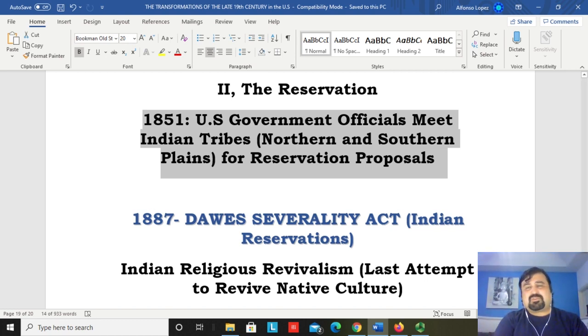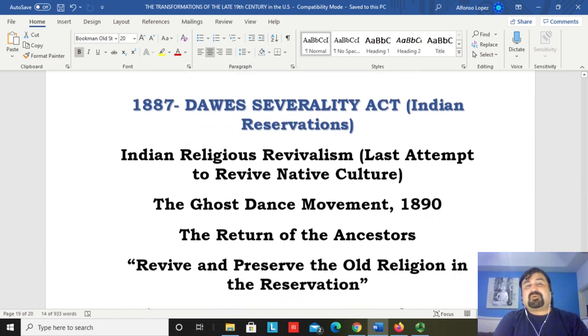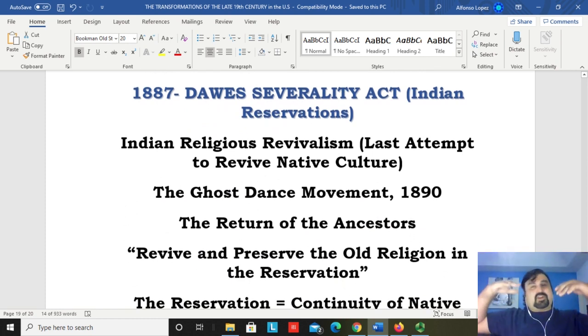Therefore those reservation proposals were now accepted, and Congress passed a law, the Dawes Severalty Act, in 1887, by which Congress would award territories or lands to more than 40 Indian nations for the purpose of controlling their own land and moving there to subsist in that space.